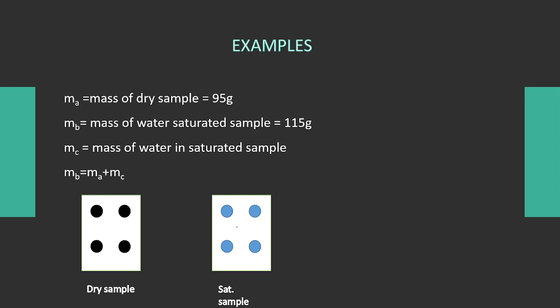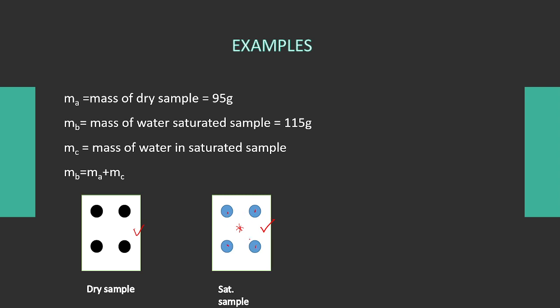So the mass of this sample here is going to change, right? It's going to be the original mass of the dry sample plus the mass of water saturating the pores. So if we find the difference between the two of them, the difference between the mass of the saturated sample and the mass of the dry sample is going to give us the mass of the water that was just occupying the pores.